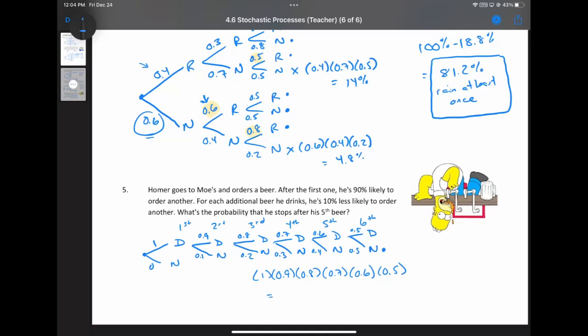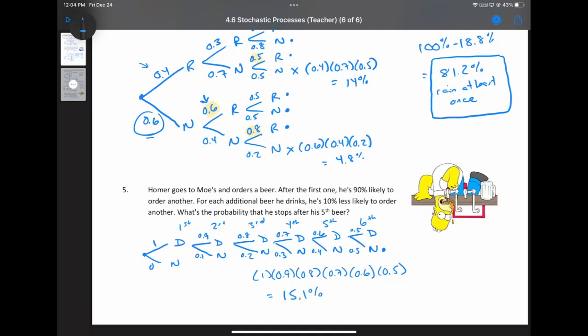Okay, 0.9 times 0.8 times 0.7 times 0.6 times 0.5 equals 0.1512 or 15.1%.